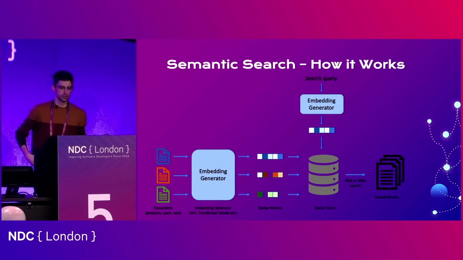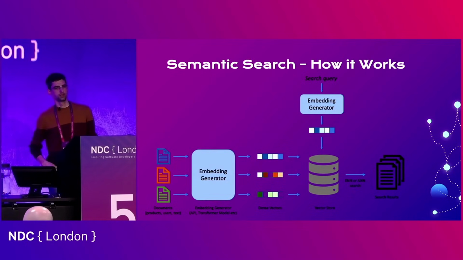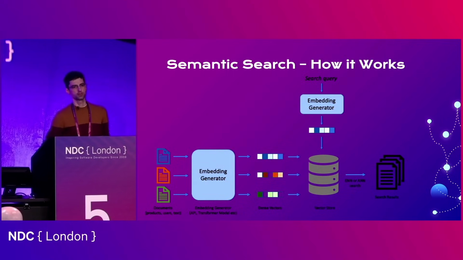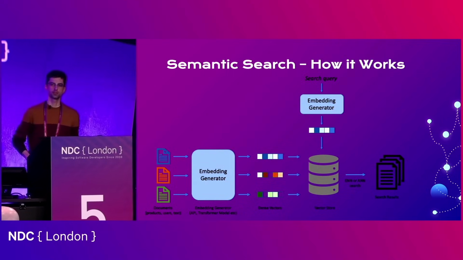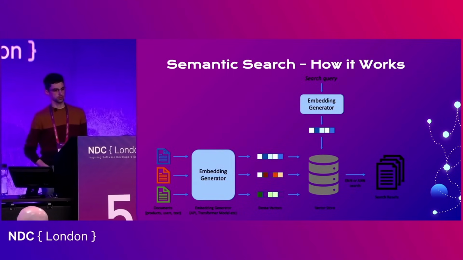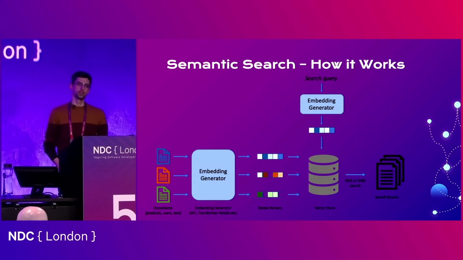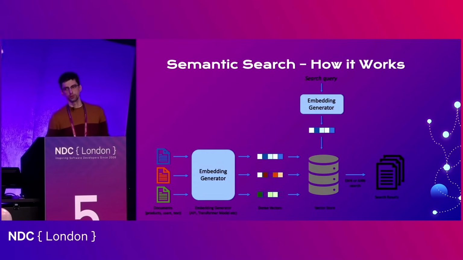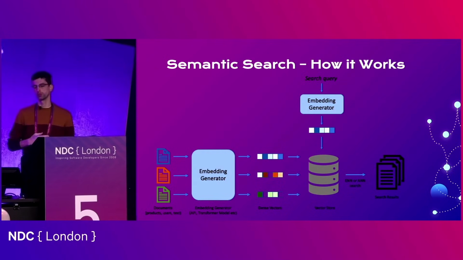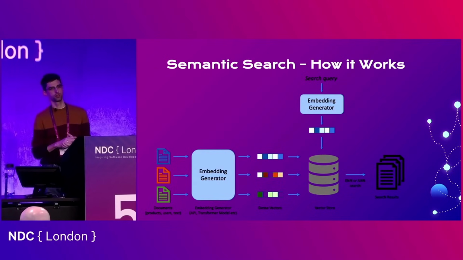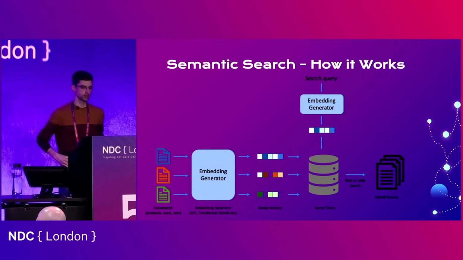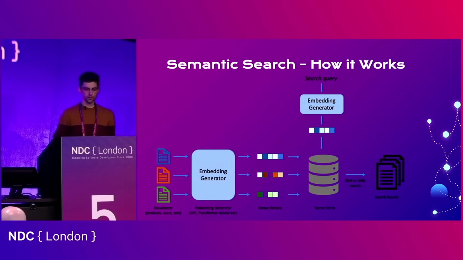So how does semantic search work? The way we make it work is that we generate vector embeddings for all the data that we have in the database. We store these vector embeddings somewhere. In this demo, we will store them in a Postgres database next to the data from which they were generated.